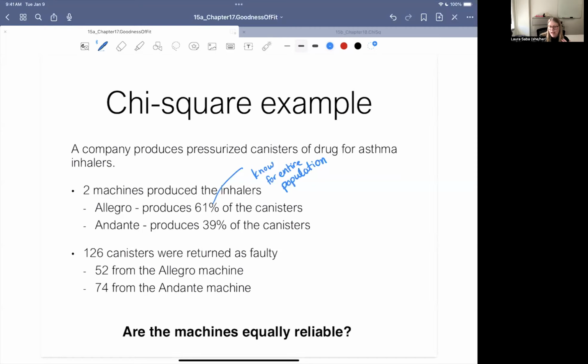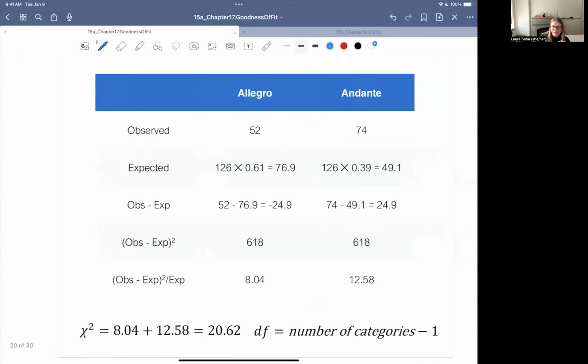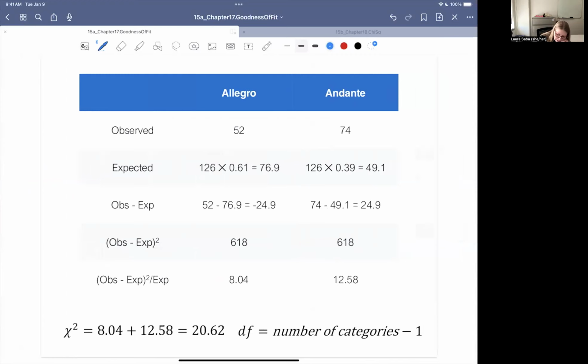What we would expect to see back is the same proportions that were made, right? So what we saw was 126 canisters were returned, 52 from Allegro and 74 from Andante. So I want to know if the proportion of my Allegro machine derived inhalers that were returned is equivalent to the proportion of canisters from that machine that were produced. All right. So in this case, in the Allegro, we observed 52 canisters and we observed 74 canisters in Andante.